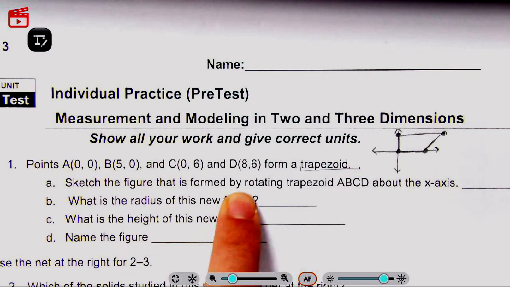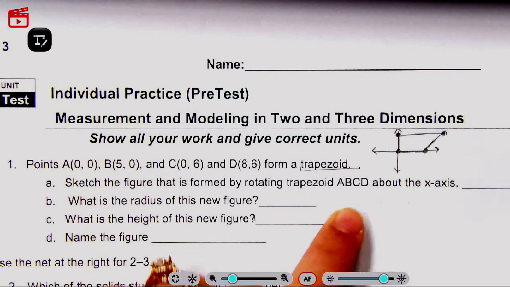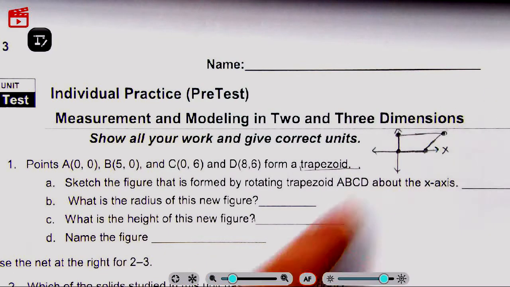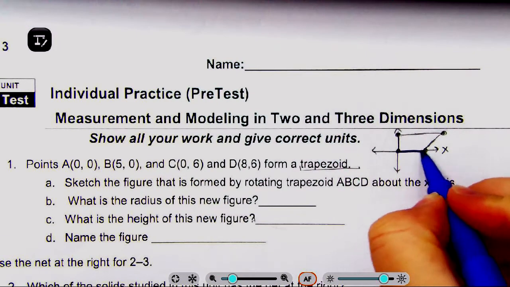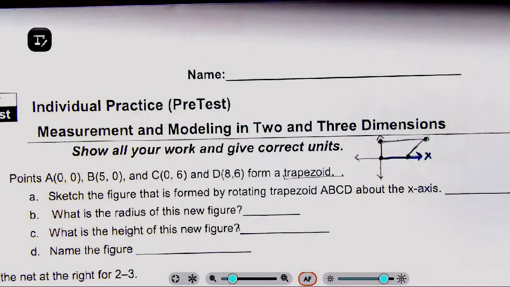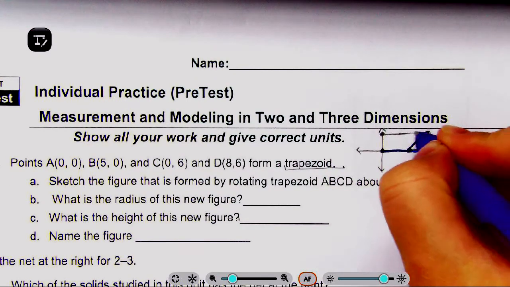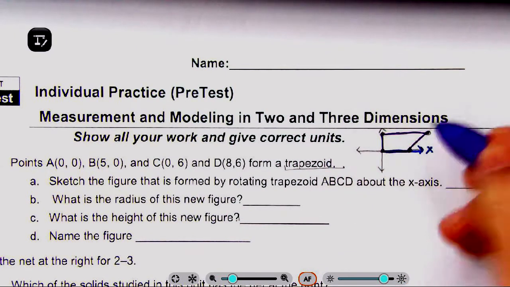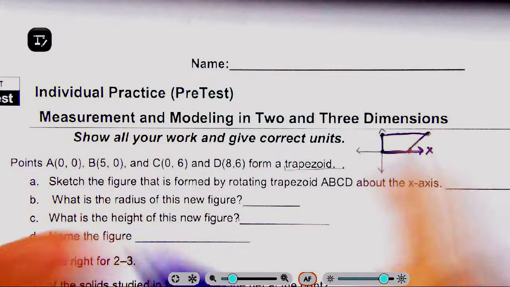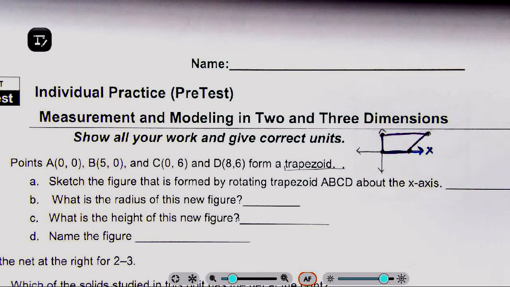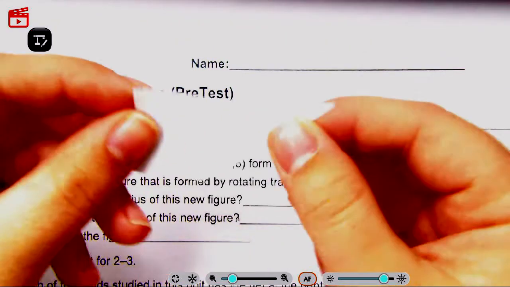Sketch the figure that is formed by rotating the trapezoid ABCD around the x-axis. So here's your x-axis. If I was to rotate this trapezoid around the x-axis, meaning I pick up that trapezoid and just start spinning it.